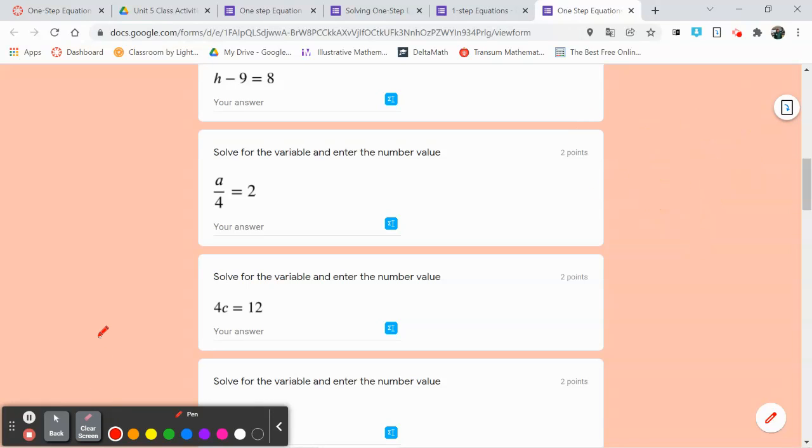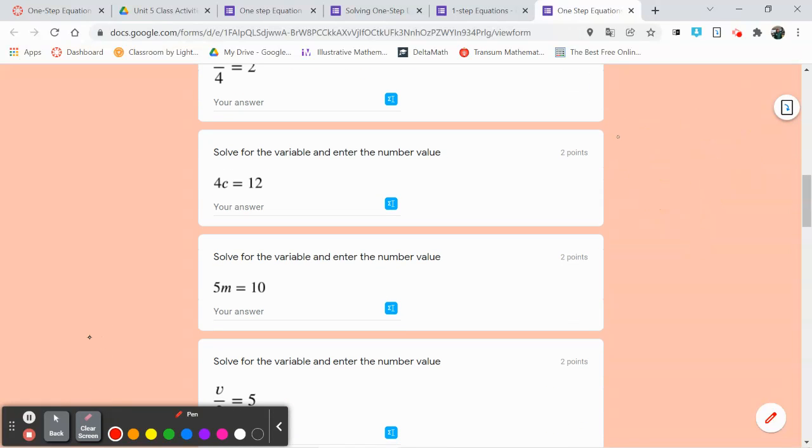Right? Next one. Anytime you see a number in front of a letter or variable, it indicates multiplication, or 2 letters next to each other. This is read as 4 times C equals 12. Right, that's called a coefficient. All right, I found my side with the letter. It's on the left. The opposite of multiply is divide.